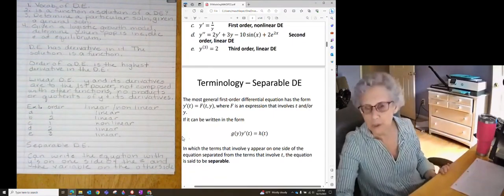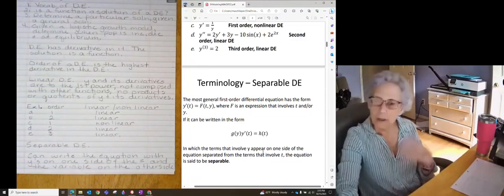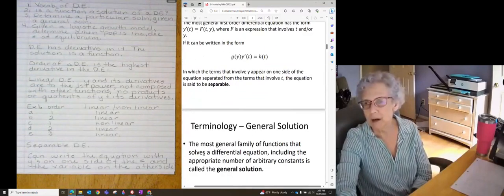That's what all those words are saying. So the terms that involve y appear on one side. They're separated from the terms that involve the other variable.